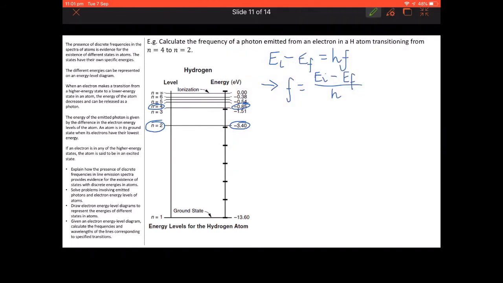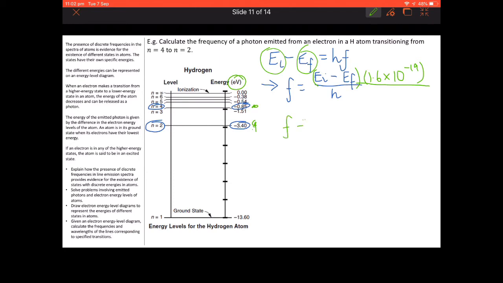Now, because these values are given to us in electron volts, I'm going to put this in brackets and multiply the top by 1.6 by 10 to the negative 19, and this will convert these values into joules. So it's going to match up with my Planck's constant, which is in joules.